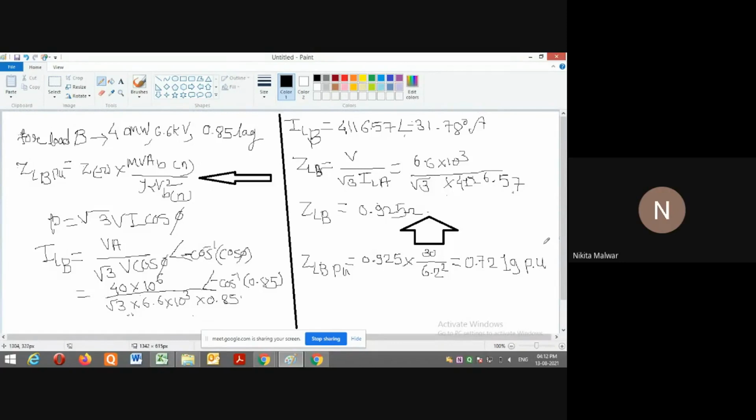So everyone got it? That is how to find the per unit value for all the equipments shown in the single line diagram in your question. So now we will draw the impedance diagram. Okay. So I am going to erase all the screen.